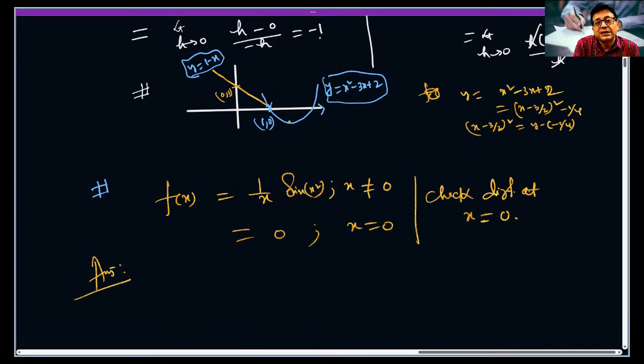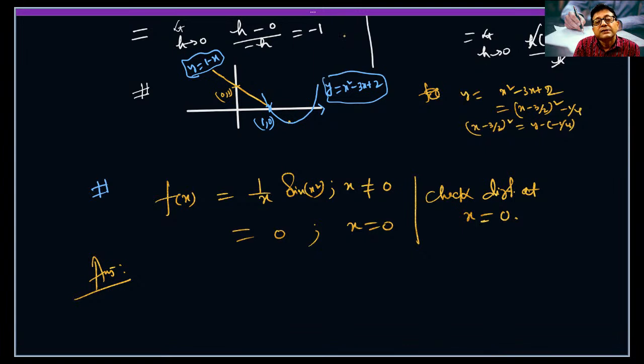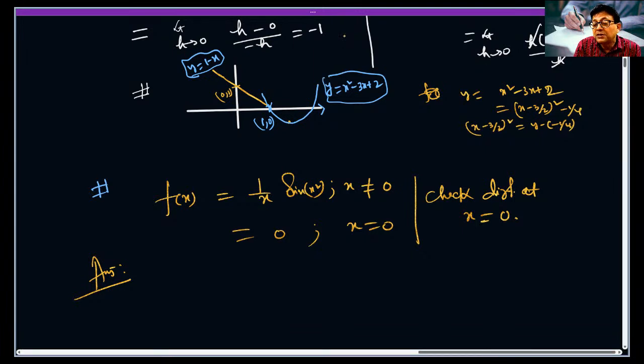We can check it this manner. This function is not defined for less than 0 or greater than 0 separately. It is defined for as a whole x not equal to 0. Isn't it?